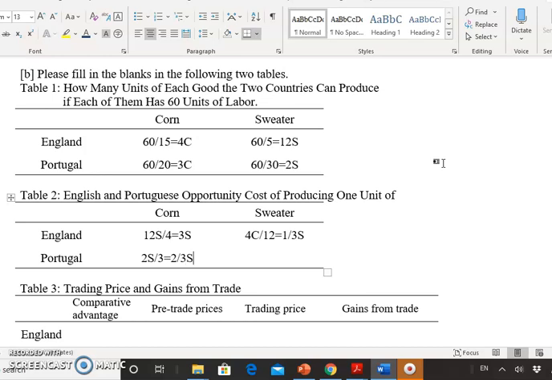Okay, to produce 1 corn, Portugal has to give up 2/3 sweaters. All right, and to produce sweaters, it has to give up 3 corns, right? But it gains 2 sweaters, so divided by 2 to find the opportunity cost per sweater, which is 3/2 corn. Okay, I'm sorry, here it should be corn. Sorry, it's a typo. All right.